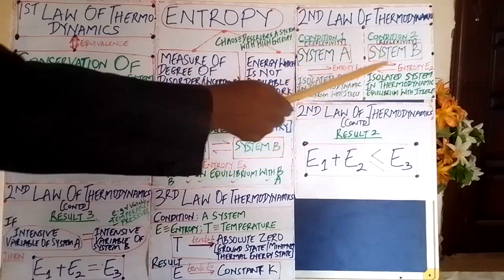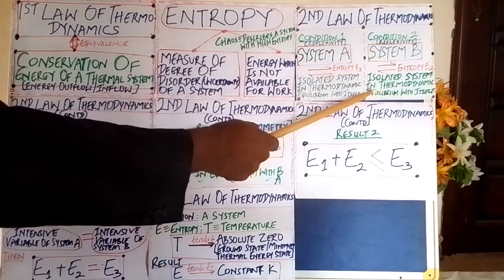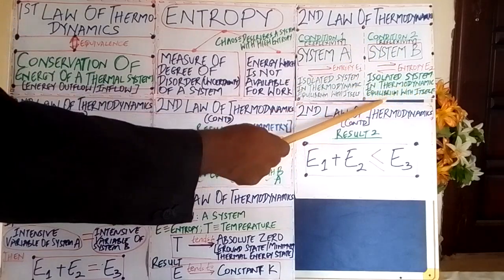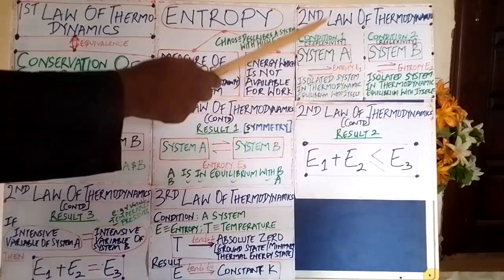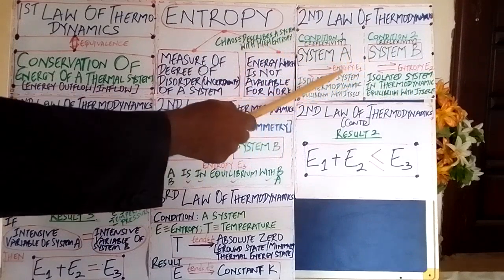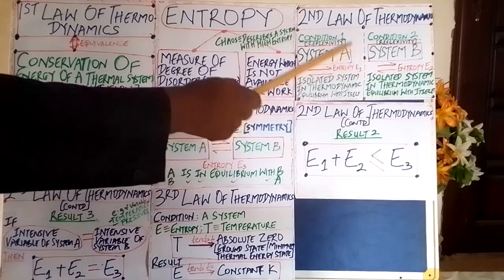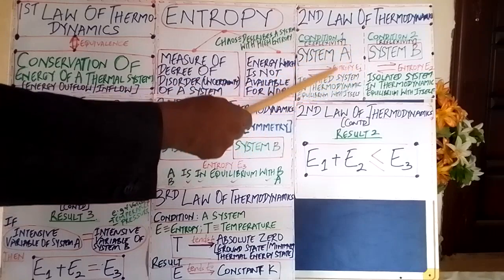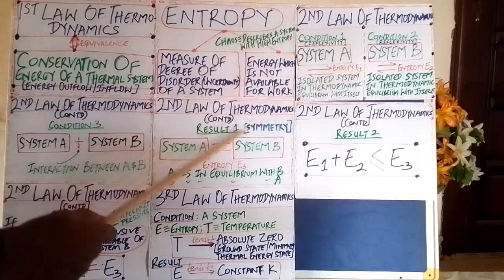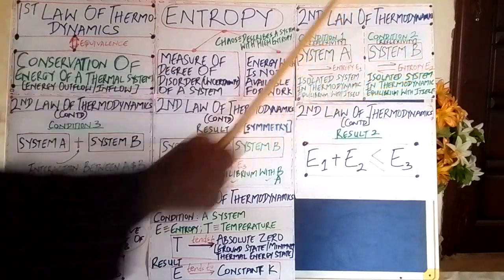We say that it follows the reflexivity rule with respect to thermodynamical equilibrium. And for system A, we have denoted its entropy, that is, its degree of disorder, the degree of uncertainty of this system, by E1. And we have denoted the degree of uncertainty of system B by E2.